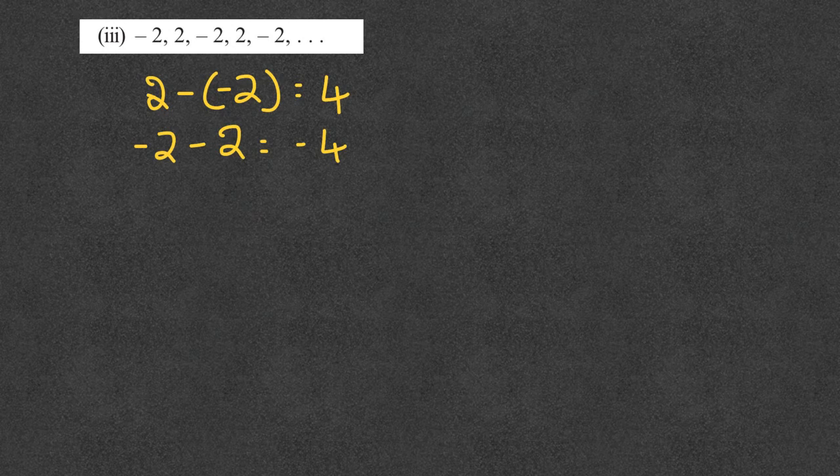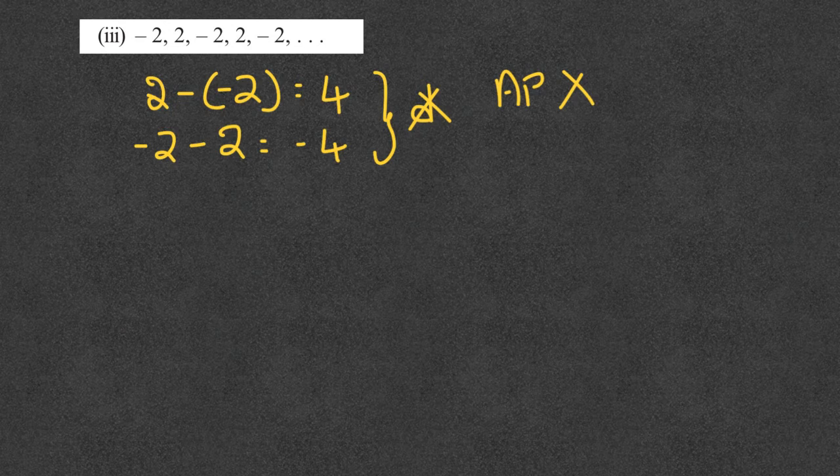The common difference is not the same. So, this is not an arithmetic progression, and we cannot find the other two terms because there is no common difference that is fixed, that is constant. So, we know how to figure out whether a pattern is an arithmetic progression or it is not in the form of an arithmetic progression.